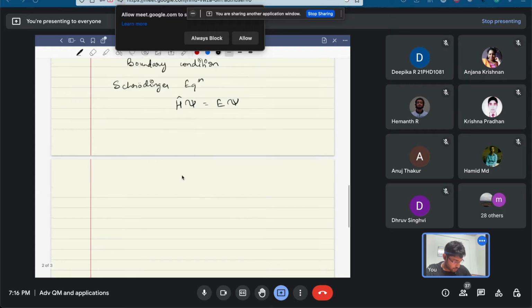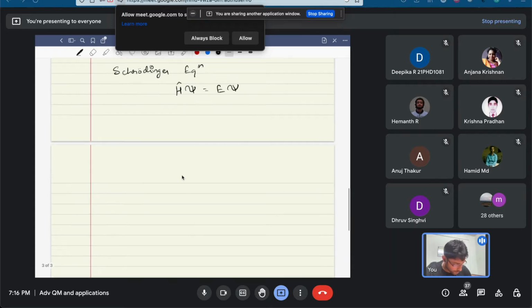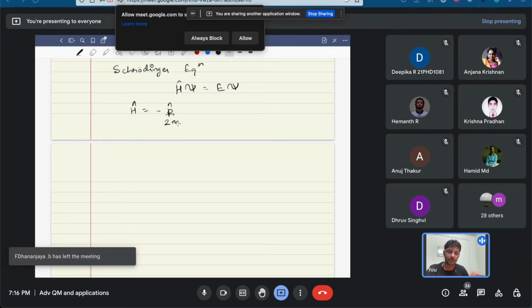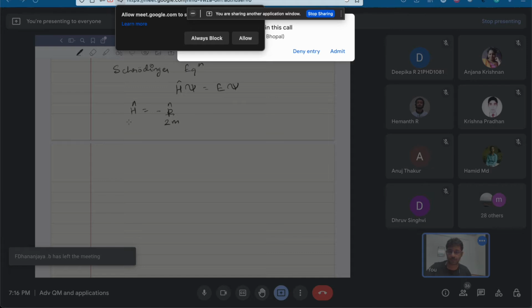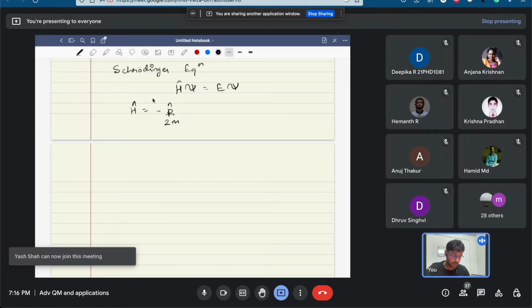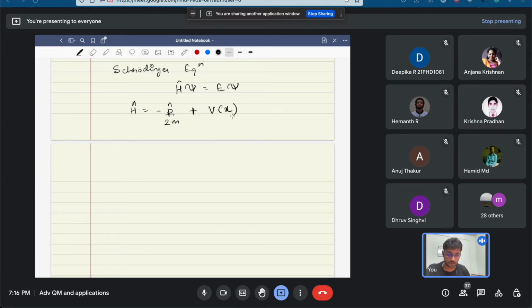In any case, the Hamiltonian is always written as P square by 2m, which gives us the kinetic energy.